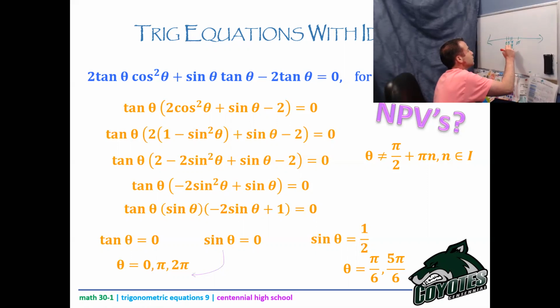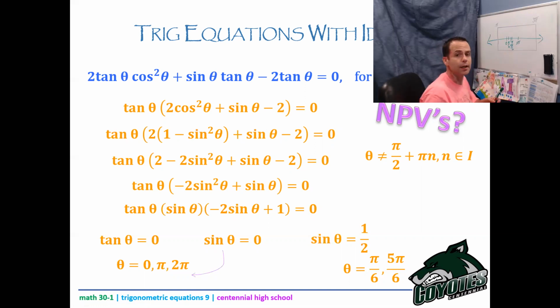I squished that up a bit, but those are all my answers right now. Then I'm told that my window can actually go from here at negative pi all the way over to here at 3 pi.